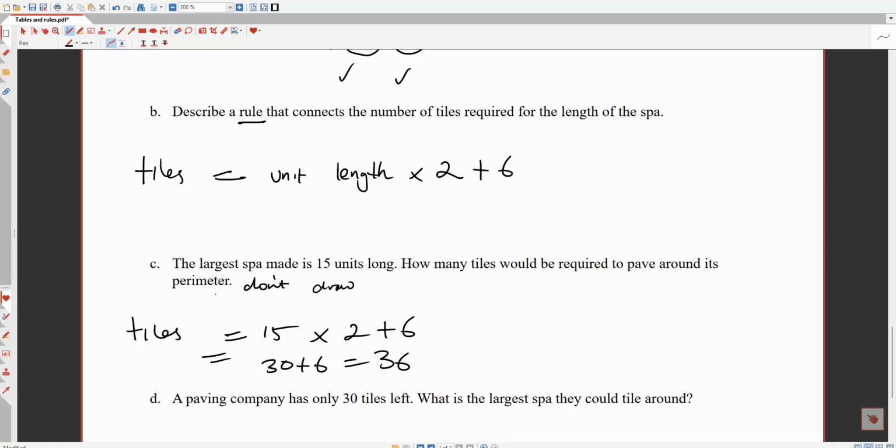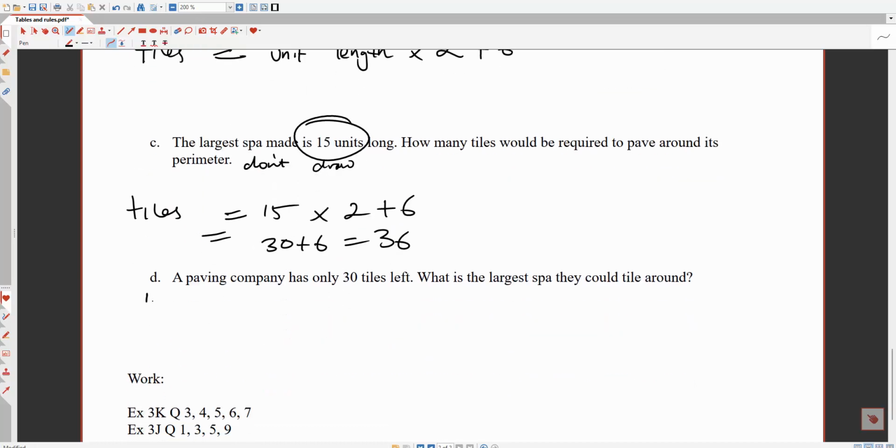Alright, a paving company only has 30 tiles left. What is the largest spa they could tile around? Okay, so we can see here that 15 units requires 36 tiles. So what I'm going to do is try 14 units and just see what happens.